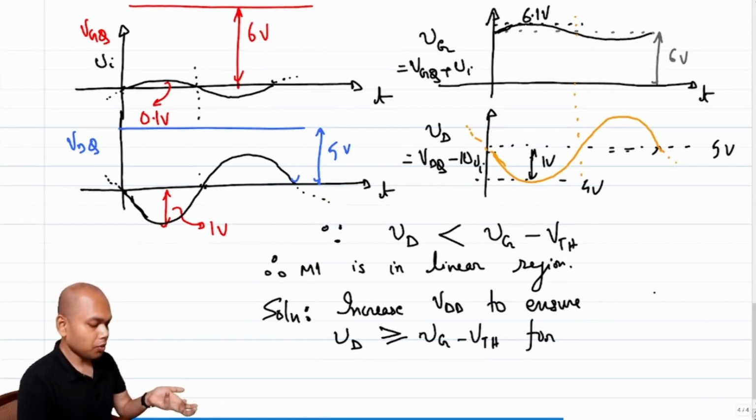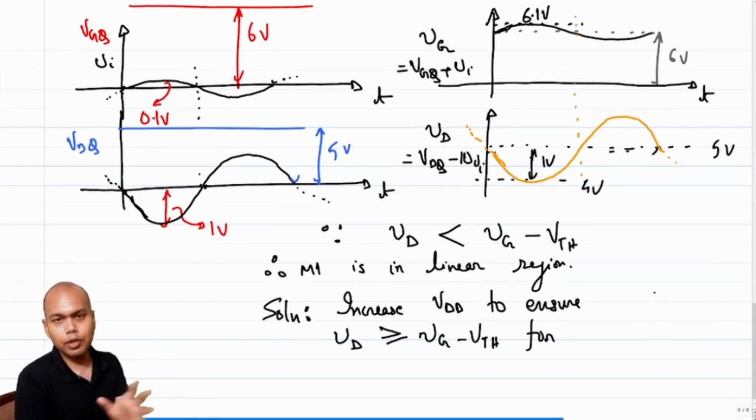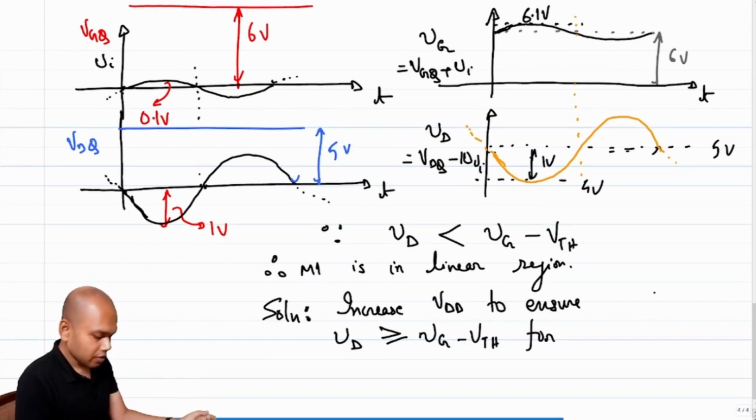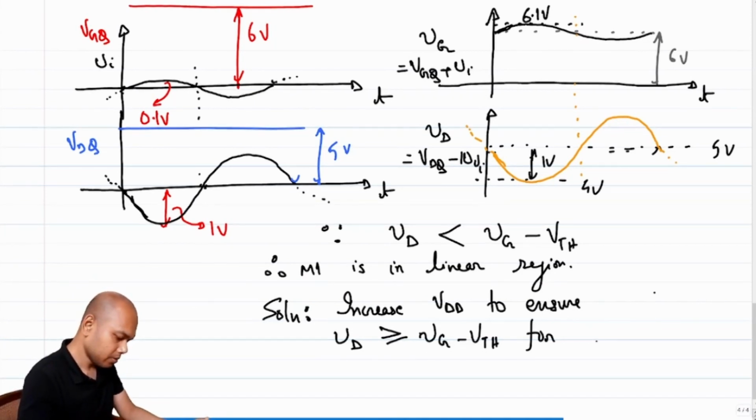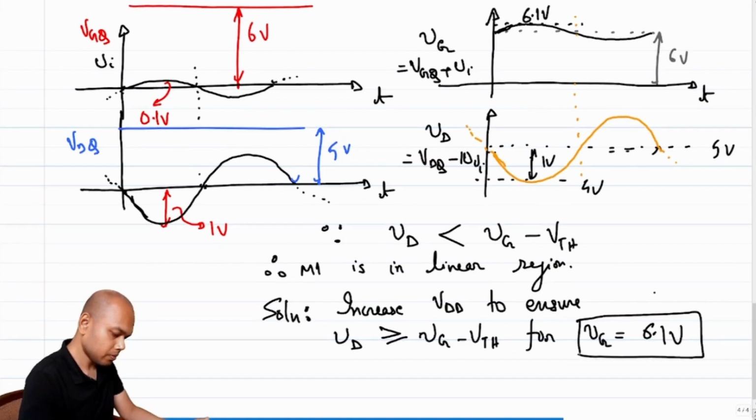Or what is the worst case situation? The worst case situation is for the maximum amplitude of the input, right? For VG equal to 6.1 volt, right? So if you can ensure that, then you are good.